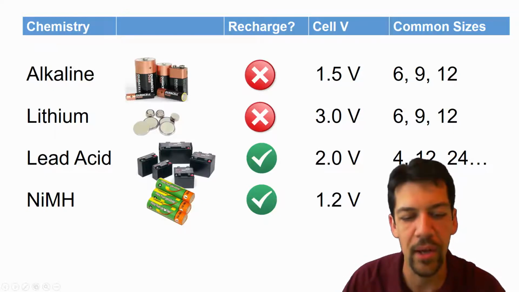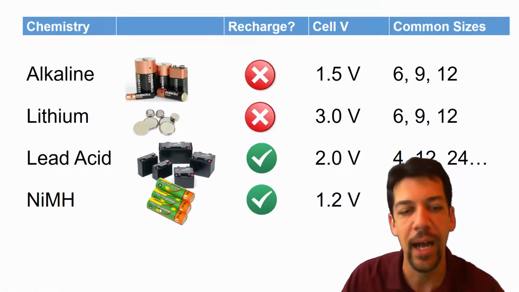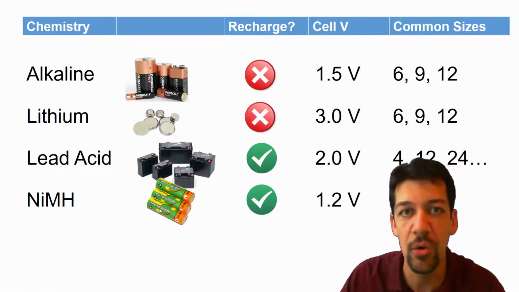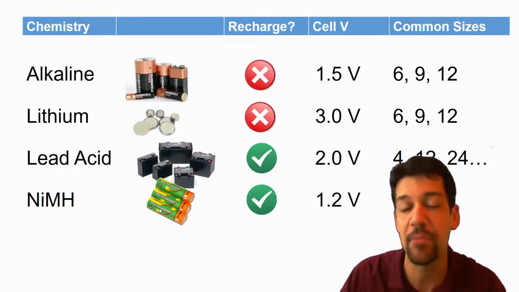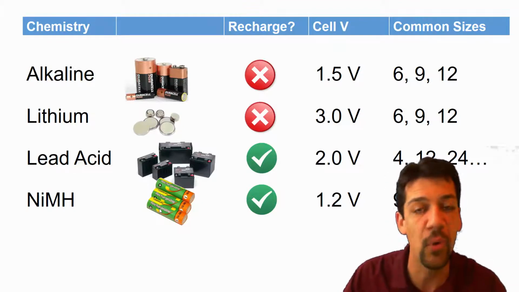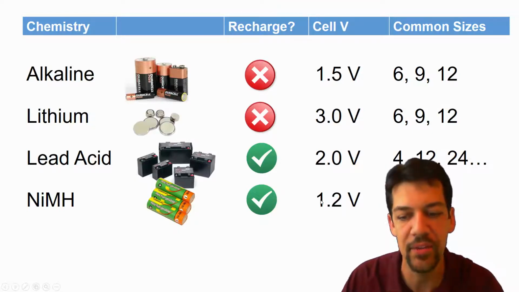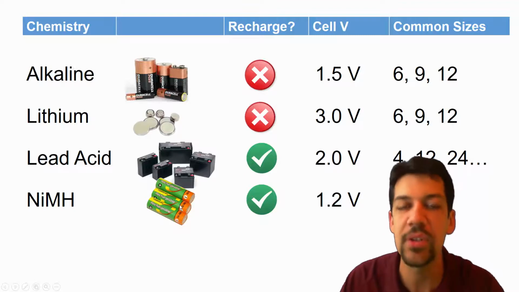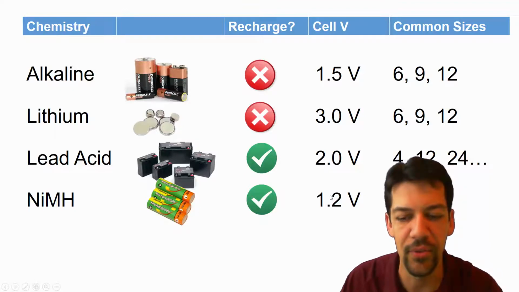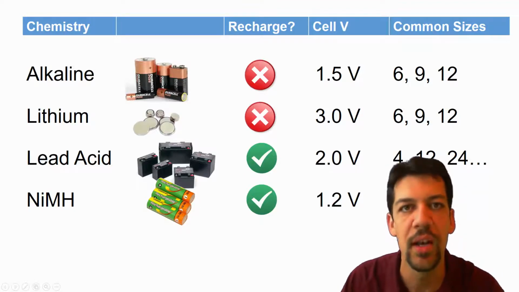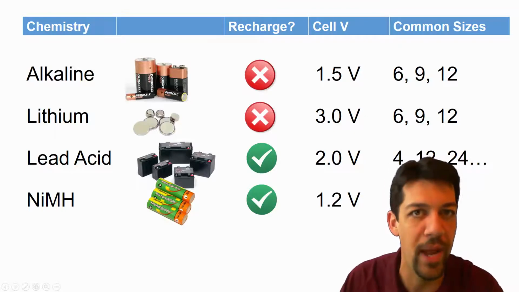So if you have a nickel metal hydride battery in your camera or something like that, and your camera doesn't know that it has a nickel metal hydride battery, it might start reporting a low battery before all of the charge is used up because it's seeing, if you've got 2 of them in there, 2.4 volts instead of the 3 volts that would normally be in there. So these are a little screwy. We usually see these in arrays of like 9.6 or 12 volts for remote control car batteries and stuff like that.